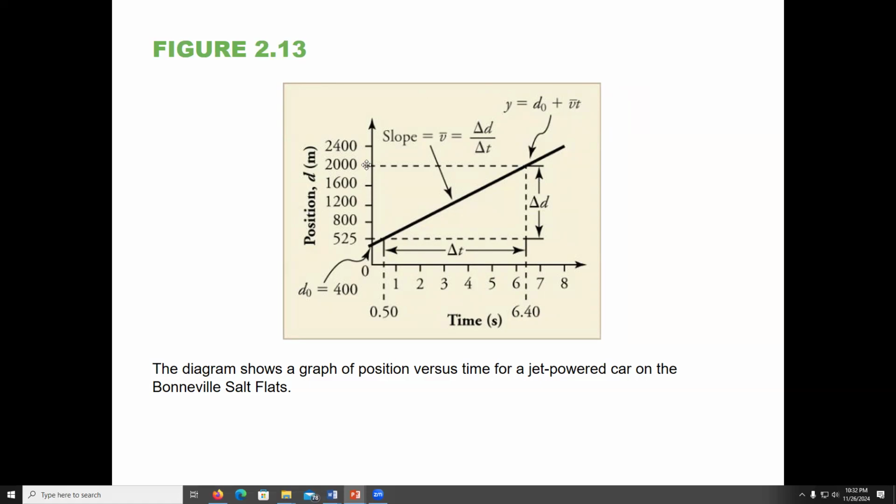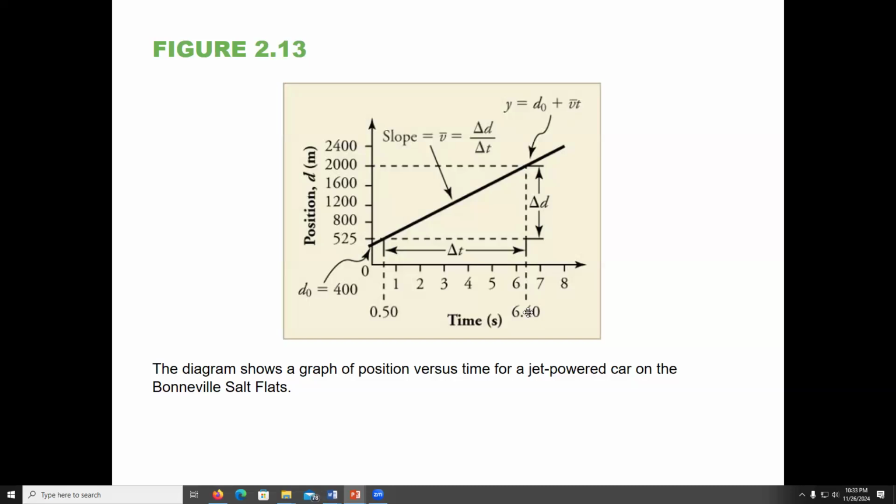So we go up 2,000, that's the rise. The slope is the change in displacement, which is 2,000 here, divided by the run, which is about 6.4 seconds. So 2,000 meters divided by 6.4 seconds, that is the slope, which is the same thing as the velocity. And then we multiply by the time. So the whole time was 6.4.